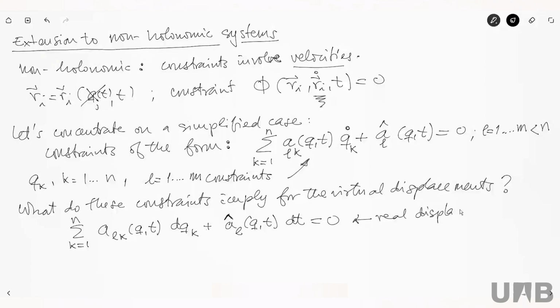How do I know that it is a real displacement? Because time has changed. The definition of a real displacement is how things move when I let time evolve, when I let time change. How do I identify a virtual displacement? If I do the same thing, but I freeze time, so I put a 0 here, if I do the same thing by killing delta t, then this is going to be the condition for a virtual displacement.